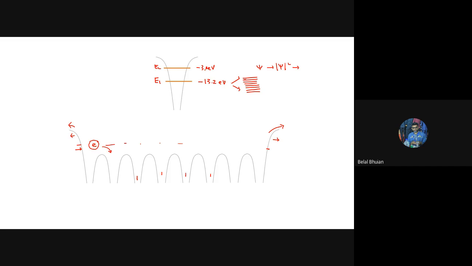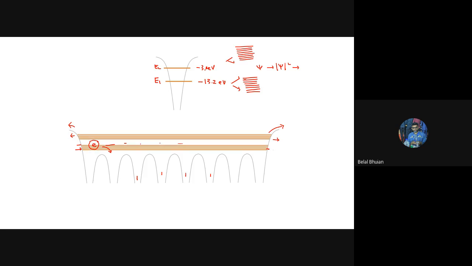E2 also splits into another 10 states. Eventually it should look like this. So we have a range of energies due to the splitting of E2 energy levels, a range of energies due to E1 energy levels, and in between we have a range of energies where psi is equal to 0. That means the probability of finding an electron is 0.